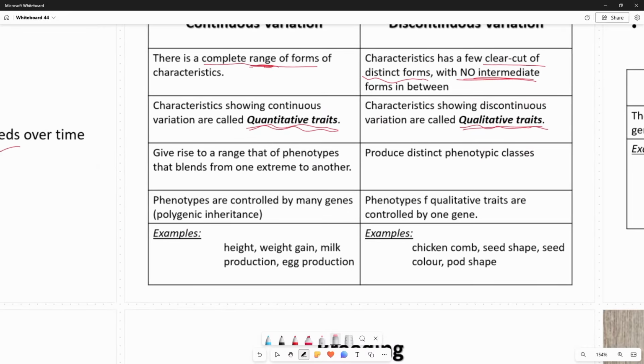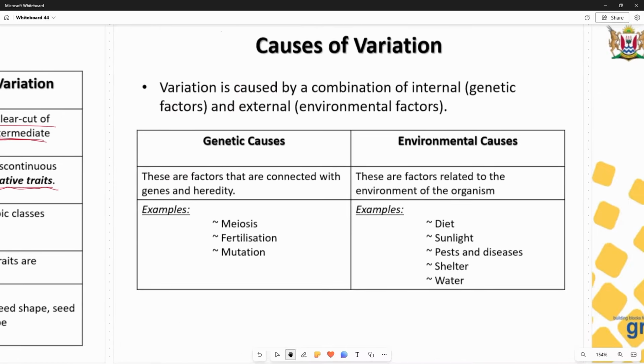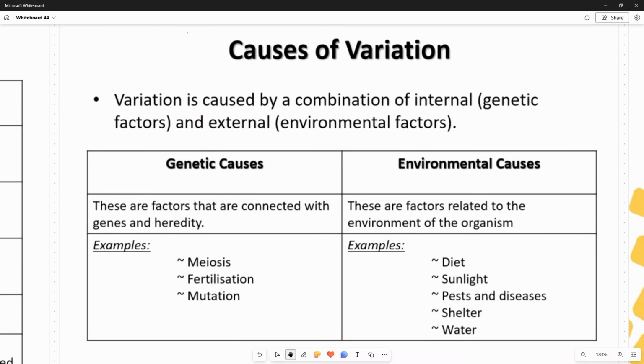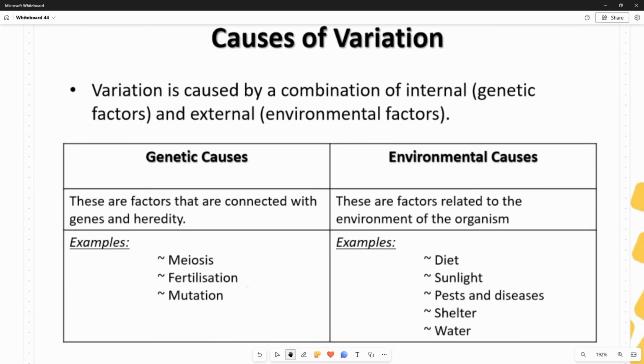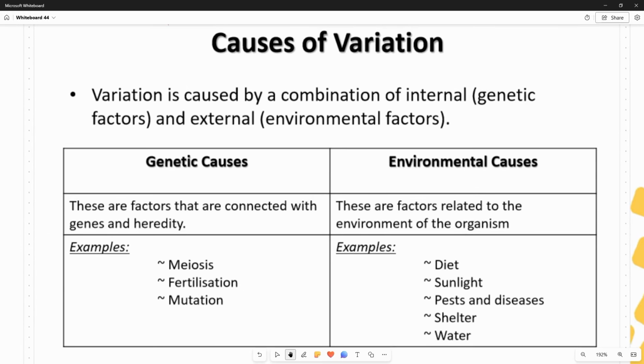So we also move, and now we talk about the causes. What causes variation in our organisms? Remember these differences. What causes these differences? So variation is caused by the combination of the internal and external factors.